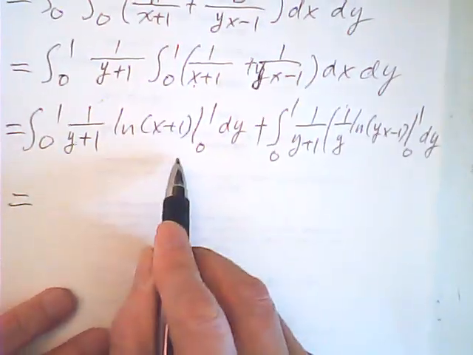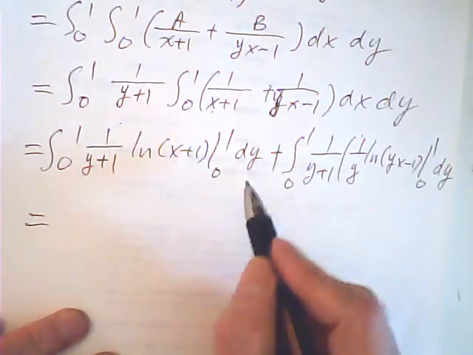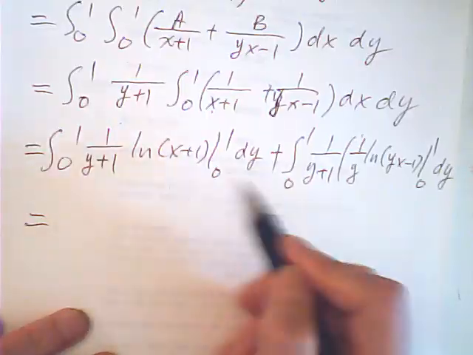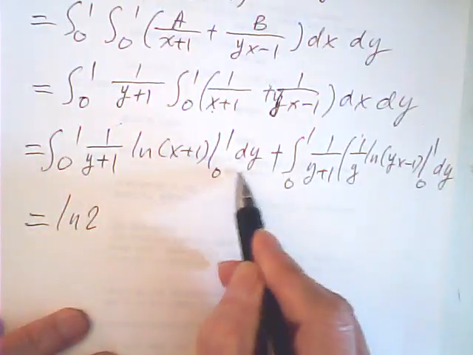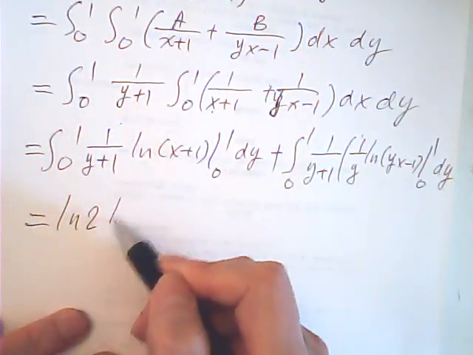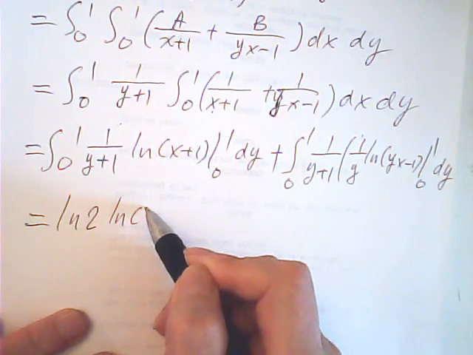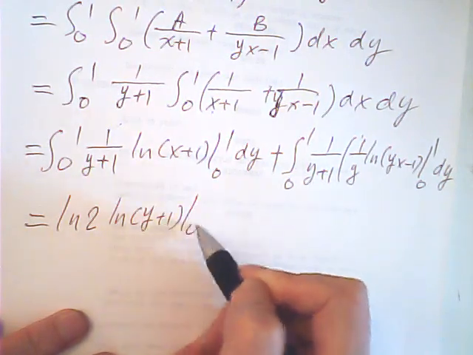So this one is equal to log 2, and the other is log 2 times the integral of 1 over y plus 1 from 0 to 1.